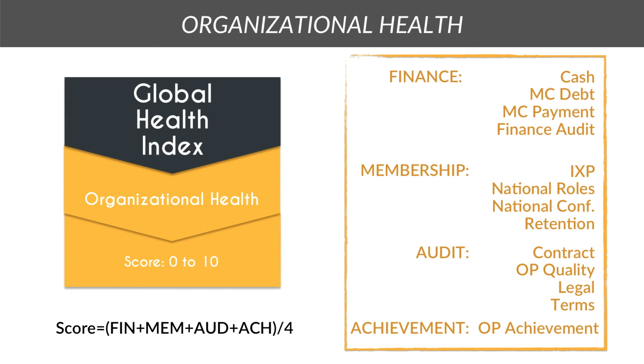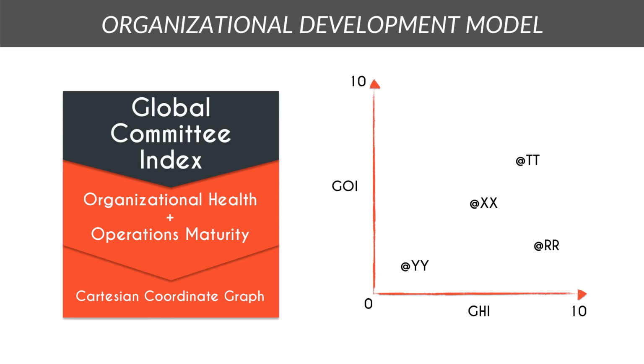So when we cross the global health index and the global operation index, then we have the new OD model, which is a global committee index, looking at the whole committee in its organizational health and in its operation maturity. We have this Cartesian coordinate graph where we have this axis, which is the GHI from 0 to 10 and the GOI from 0 to 10 as well.